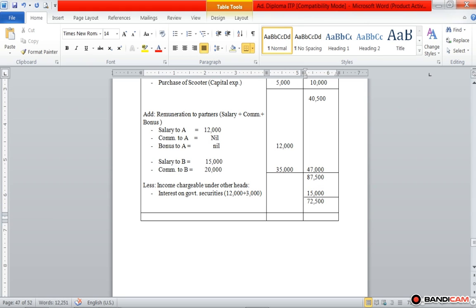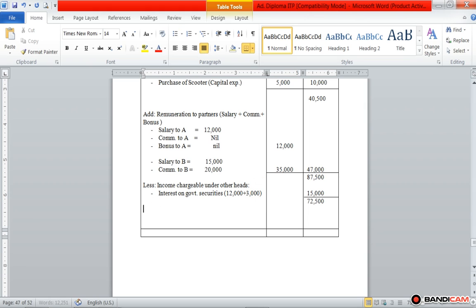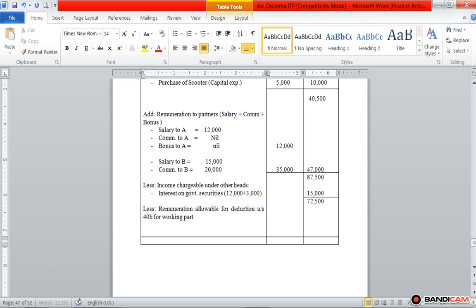Then we add, or we deduct, less remuneration allowable for deduction under section 40B for working partners.